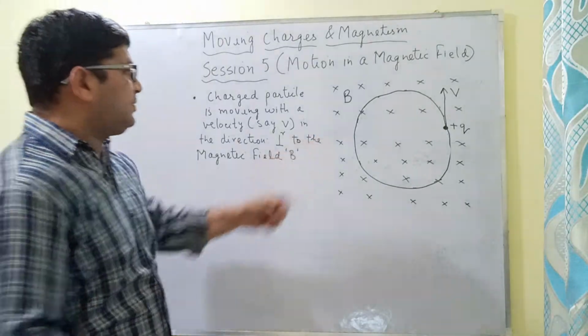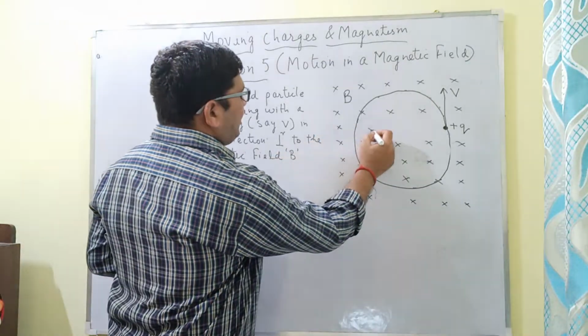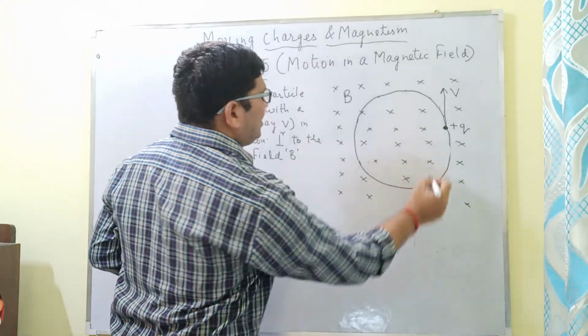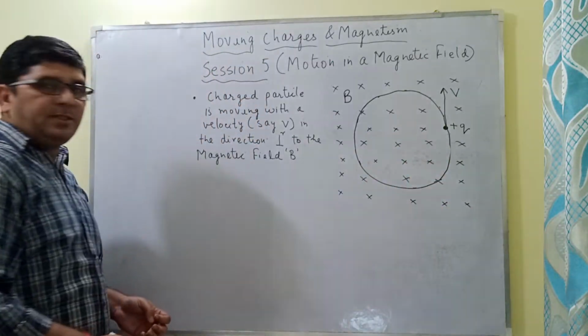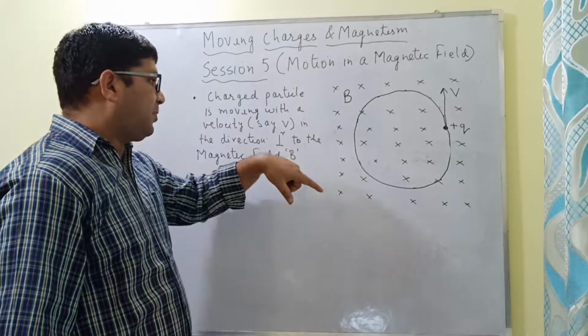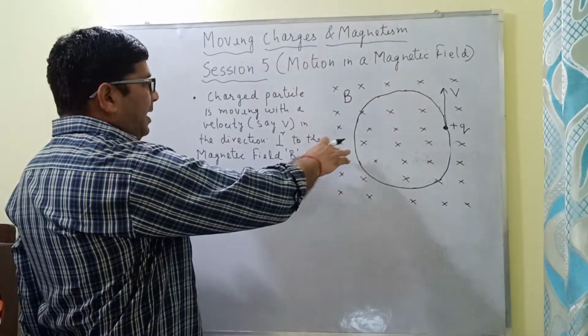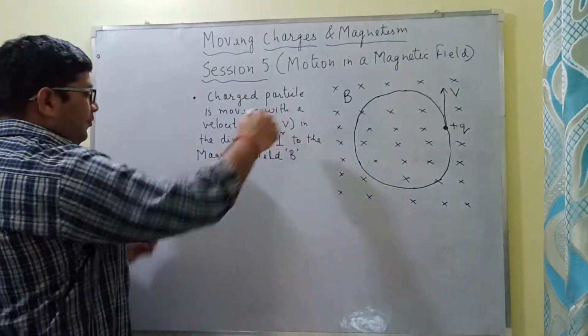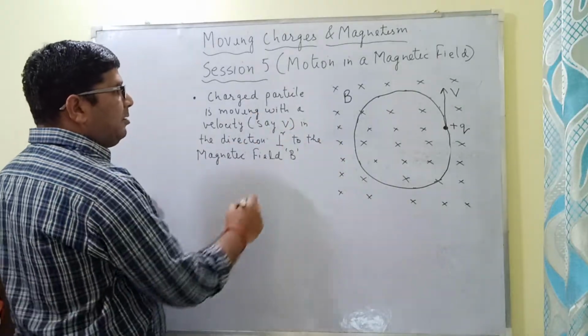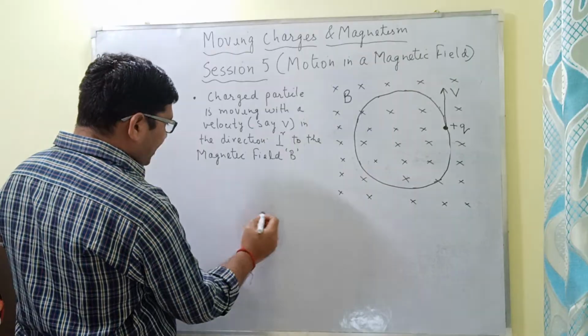Now here, as you can see from this figure, this magnetic field is directed into the plane of the paper, and this can also be explained with the help of this diagram.